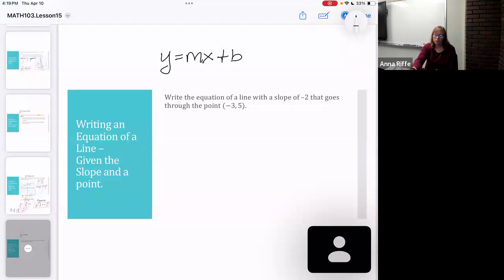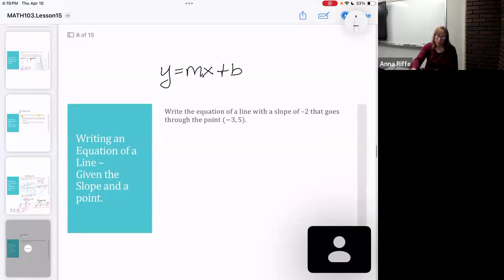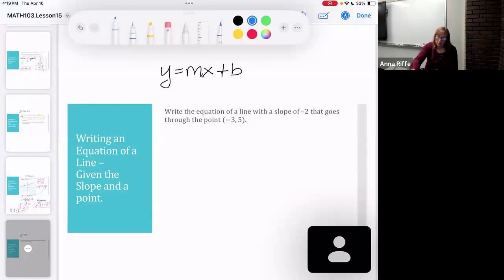And we want to essentially find m and find b to write the equation. We are given, in this case, a slope. We are told that the slope of this particular line is -2, and we are told that the line passes through the point -3,5.